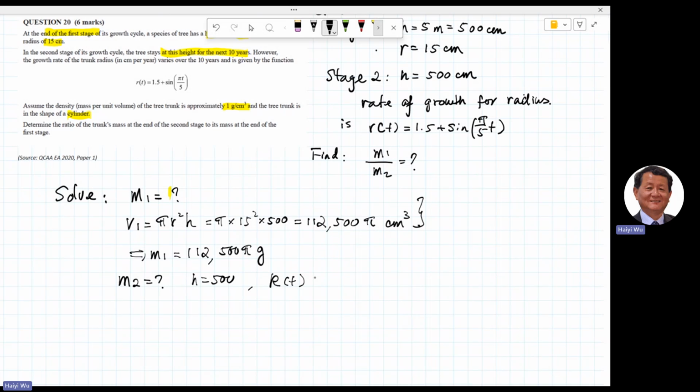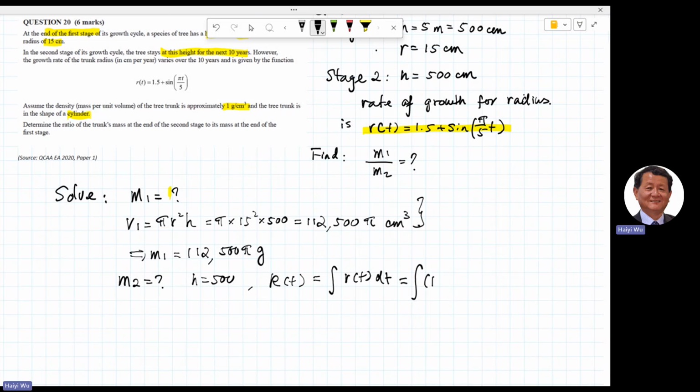Because of rates of change, if you find the radius, it will be the integration of the rate of change with respect to time. So I'm going to do the integration.